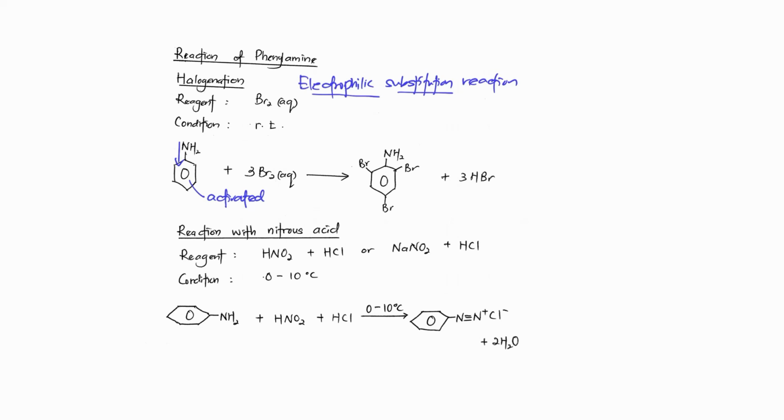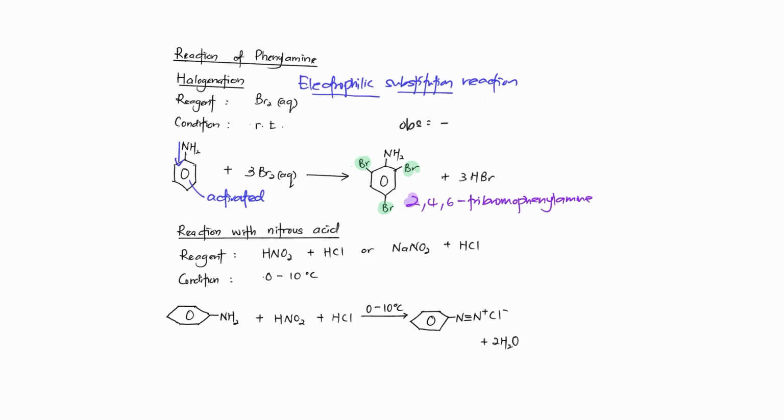So we could have tri-substitution to have 2,4,6-tribromophenylamine as the product. This reaction could give us 2 observations.